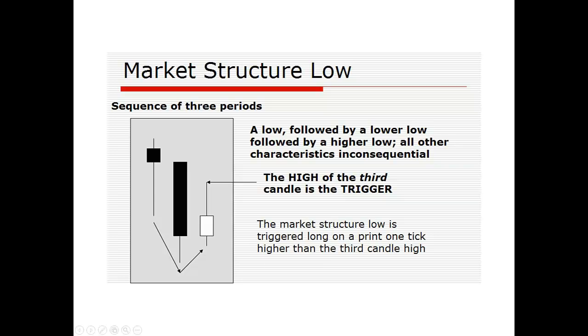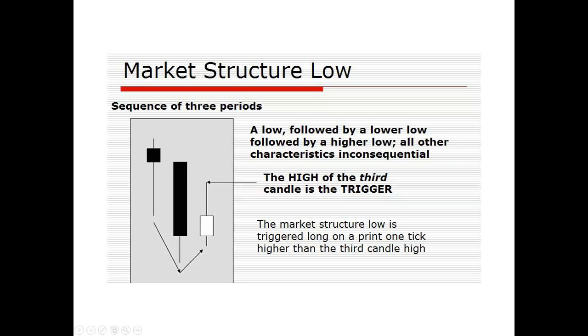Now the stop has to be below the candle low, okay, of the second lower low candle. Now I know this seems a little complicated the way I'm explaining it to you, but trust me, when you see it enough times, you'll be able to spot them literally with your eyes closed. Maybe just peeking a little bit.